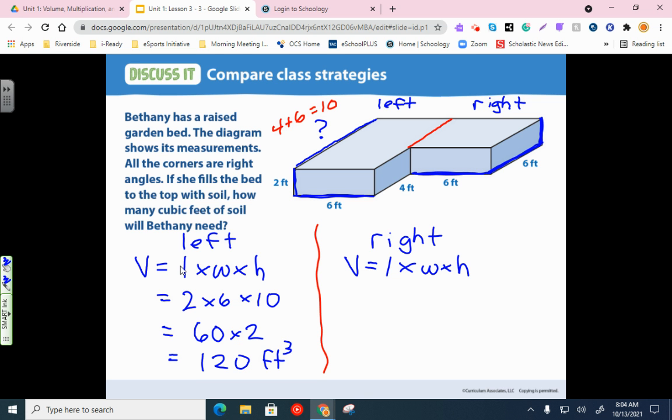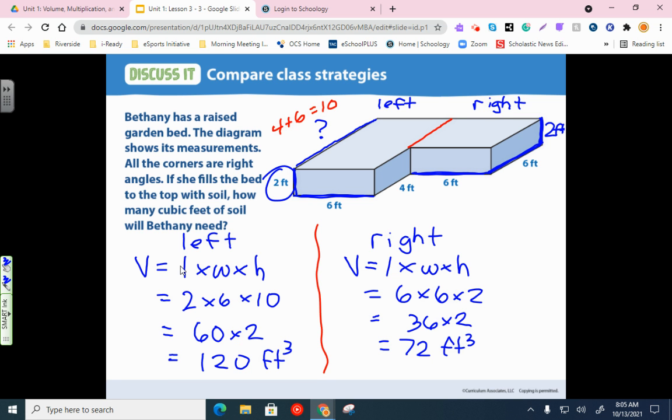Although if we look at the whole figure, we know it's probably the same height from left side to right side. Over here, it tells us it's 2 feet tall. So this is going to be 6 times 6 times 2. That gives me 36 times 2, which gives me 72 cubic feet.